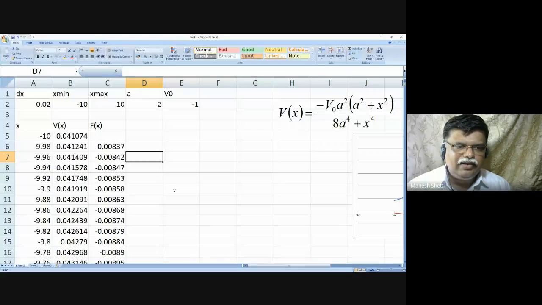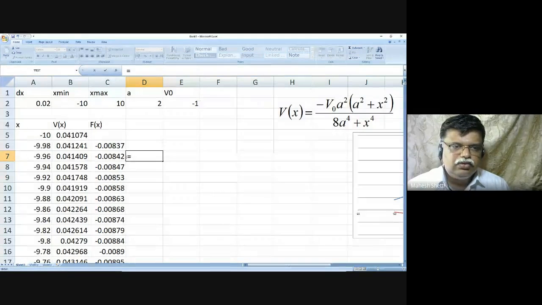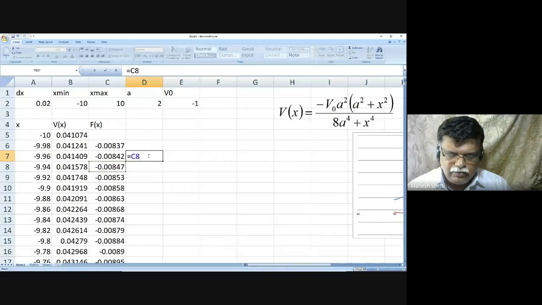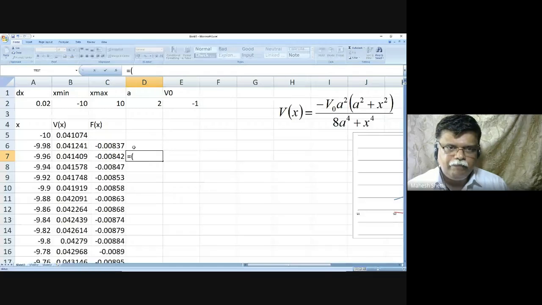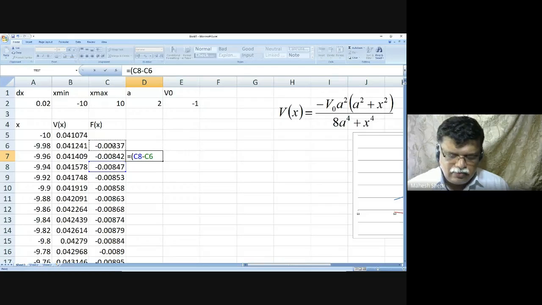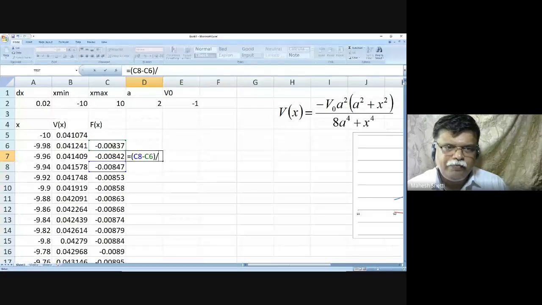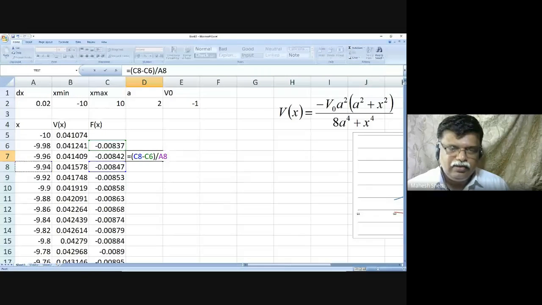So I will calculate here equal to, in the bracket, y2 minus y1 divided by, I have to go back to x, again in the bracket, x2 minus x1.